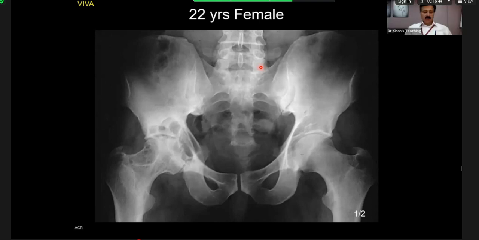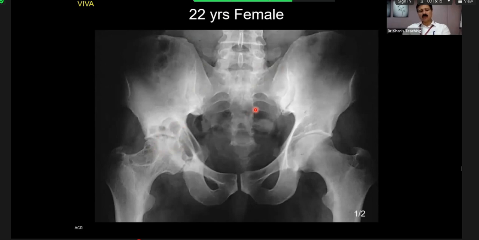Okay. So now the point is that this is a very, very good thing. The take-home point is, young female, 22-year-old, you have got lytic lesions on both sides of the joint. Why is there a lytic lesion on both sides of the joint in a young patient, and nothing comes to your mind?